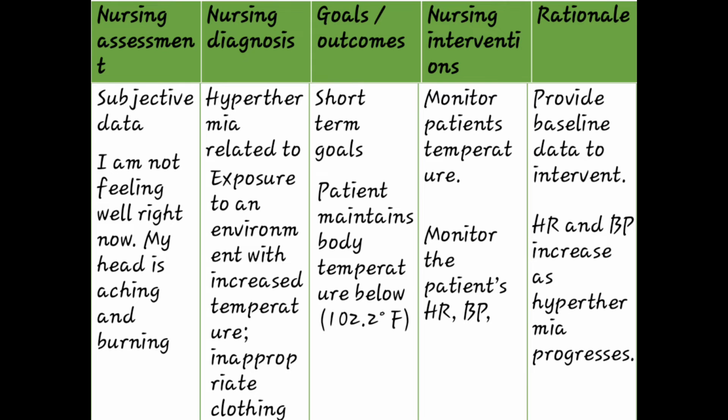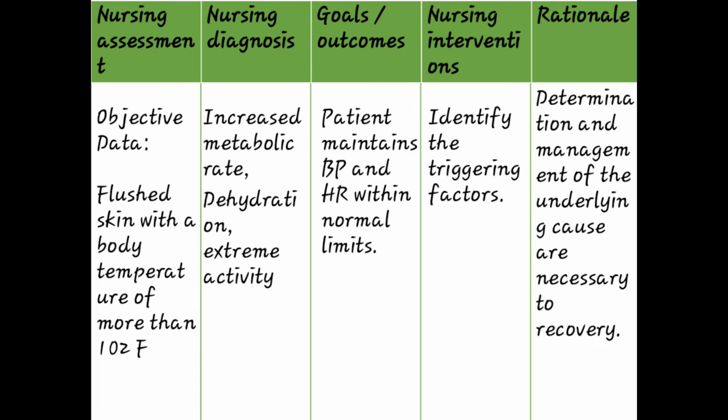Let's look at the objective data. In the objective data, we can observe the patient objectively. We can observe the signs and symptoms of the patient, for example, flushed skin with a body temperature of more than 102 degrees Fahrenheit.